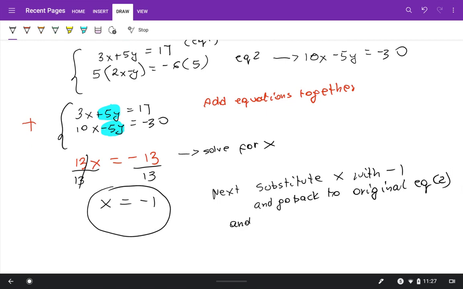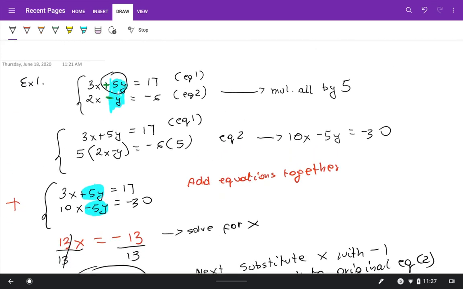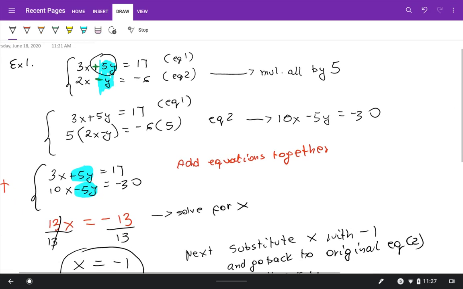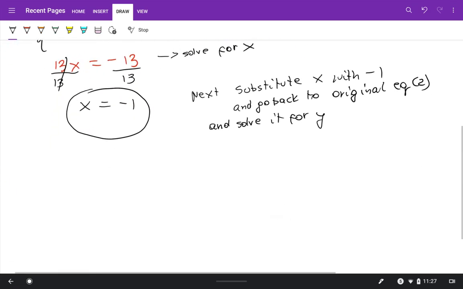And solve it for y, because you still have to figure out what y is. So look what happened. Our original equation 2 is 2x minus y equal negative 6. So again, original equation 2 is 2x minus y equal negative 6.